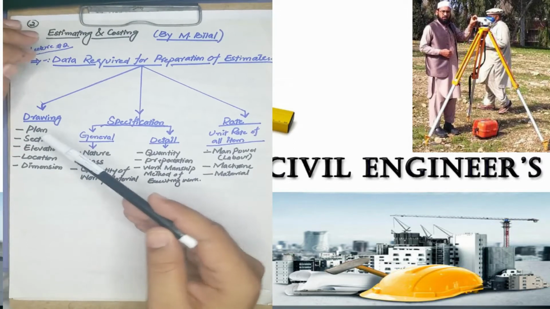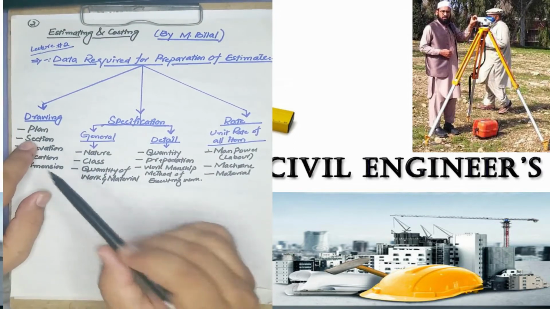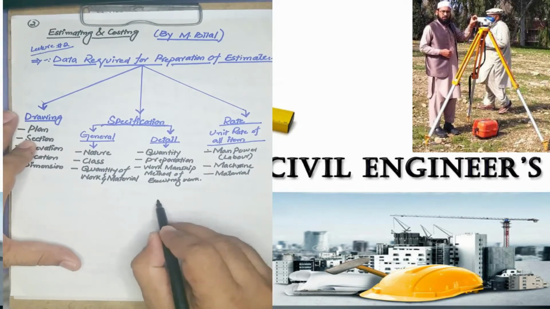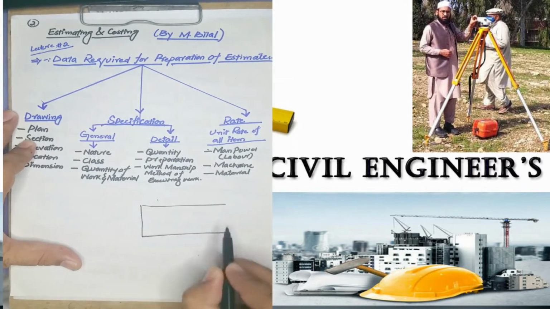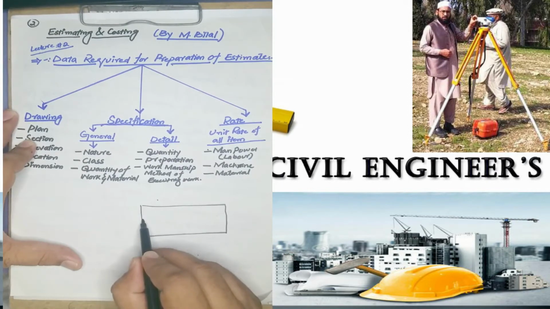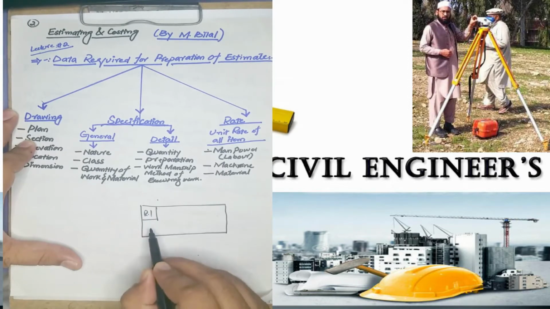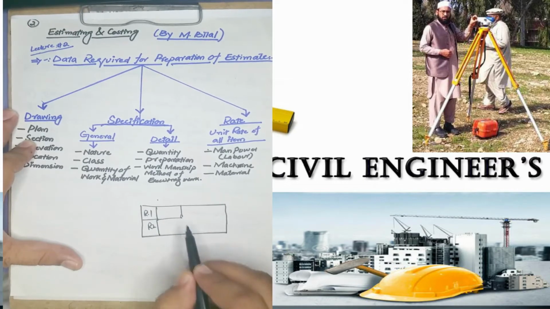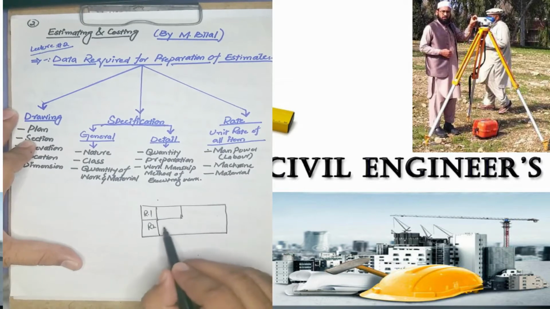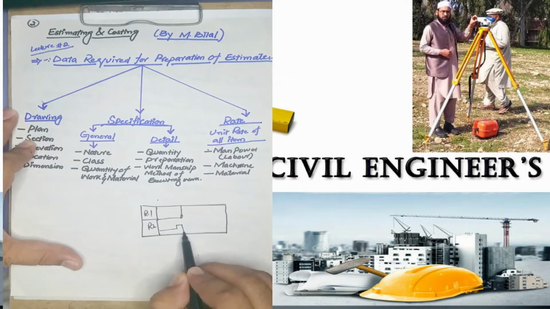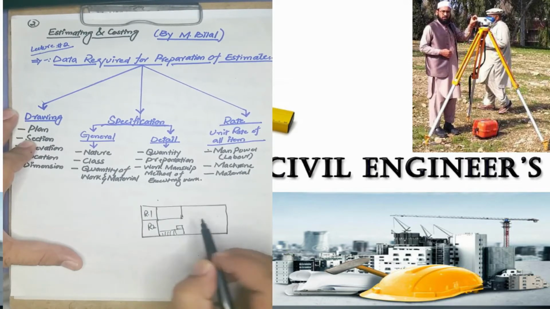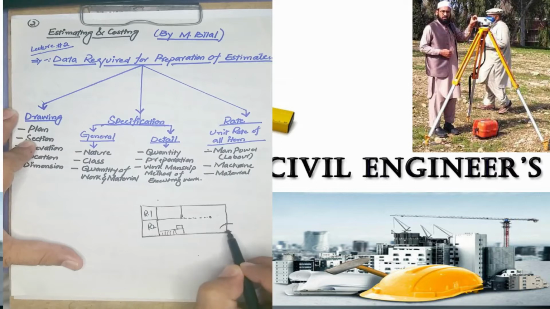In the drawing we need the plan of a building. Let's suppose we are going to construct a building. This is a plan. This is room number 1, this is room number 2, this is a staircase, this is an open veranda, and here is the main gate.